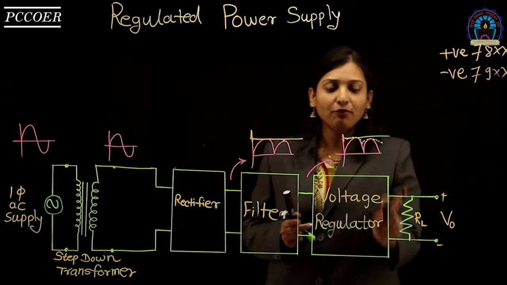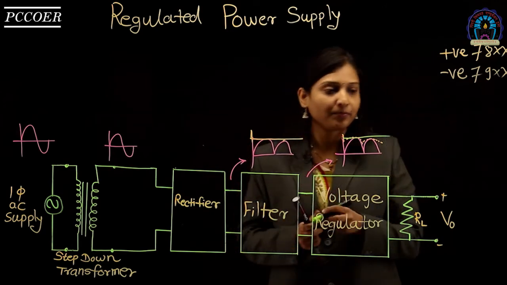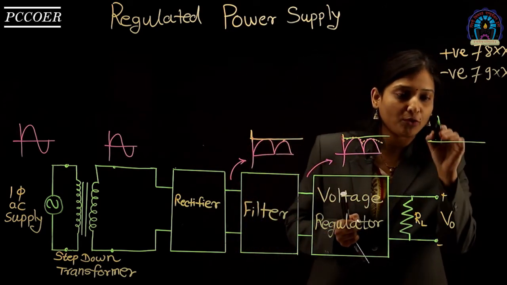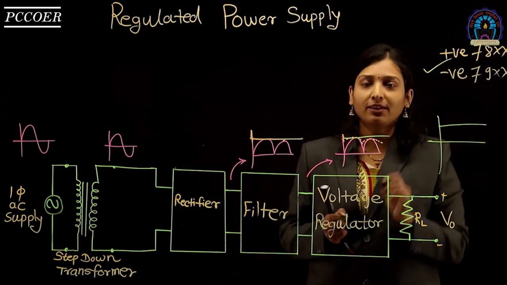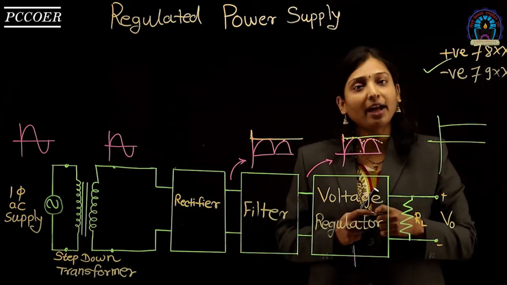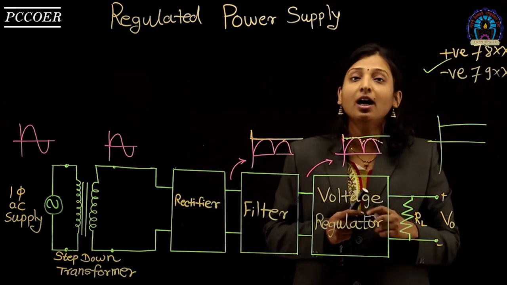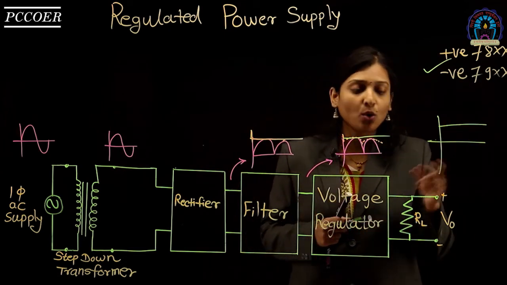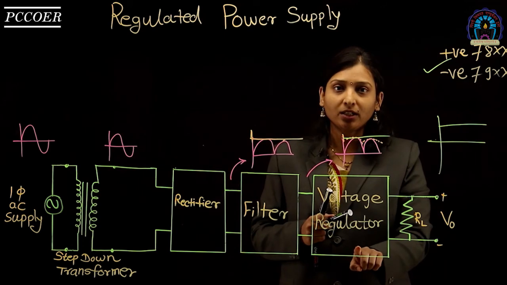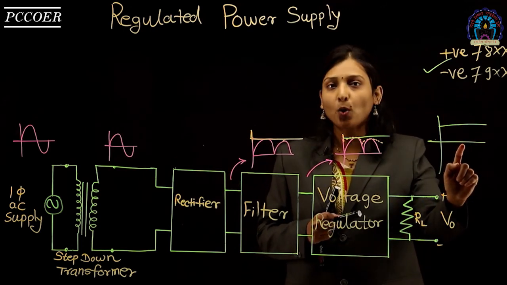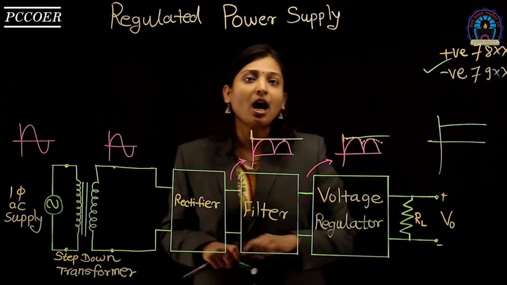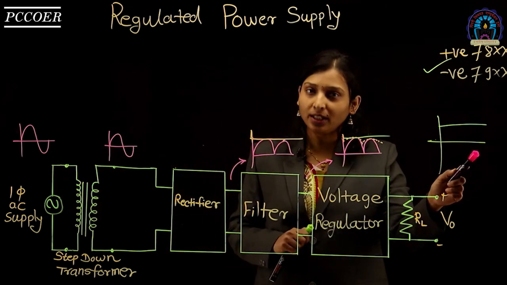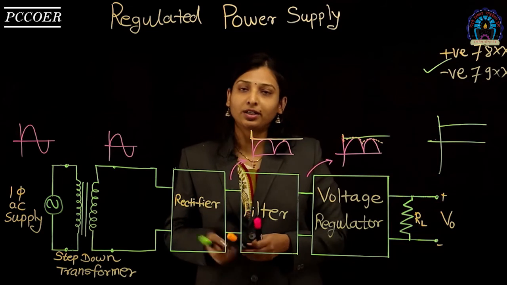So the output of the voltage regulator is nothing but the constant DC supply. So our input is the AC supply and the output is the constant DC supply. This is nothing but the regulated power supply.